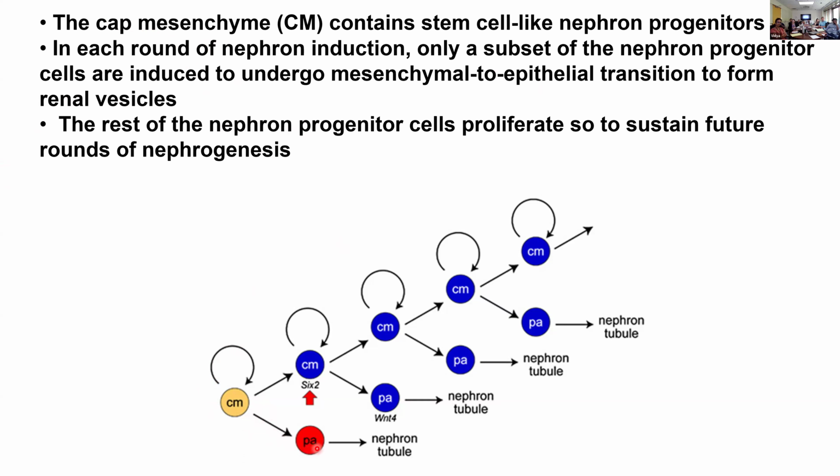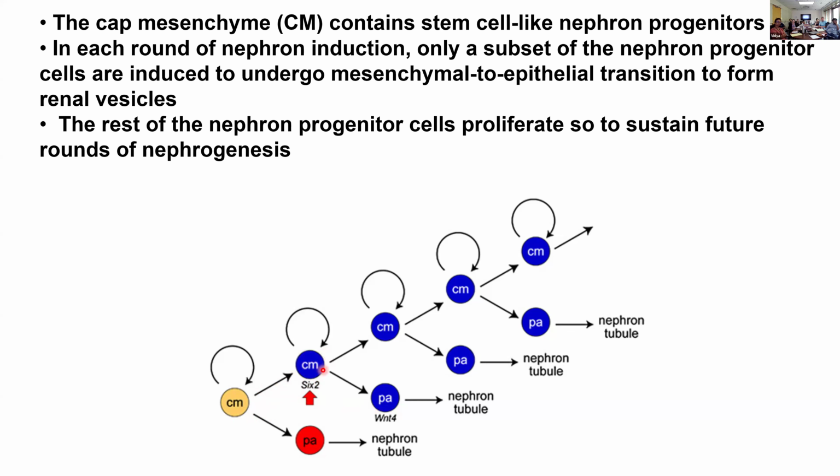That's what PTA stands for. And as I said earlier, it's the one that's at the end. The rest of the cap mesenchyme will self-renew. Six-2 is the gene we use to mark the cap mesenchyme, the stem cells, the nephron progenitors.